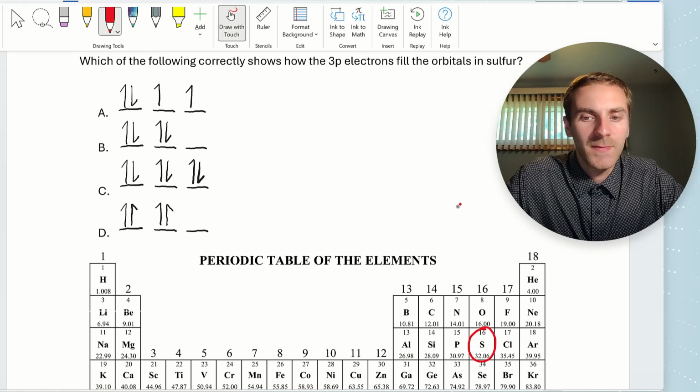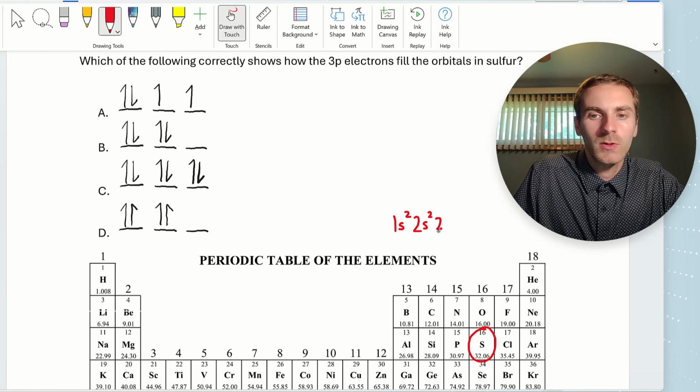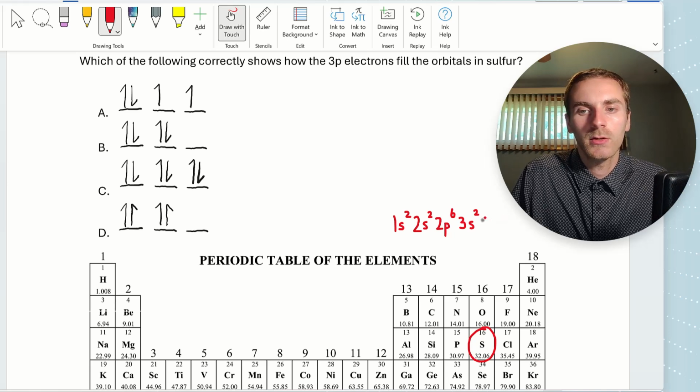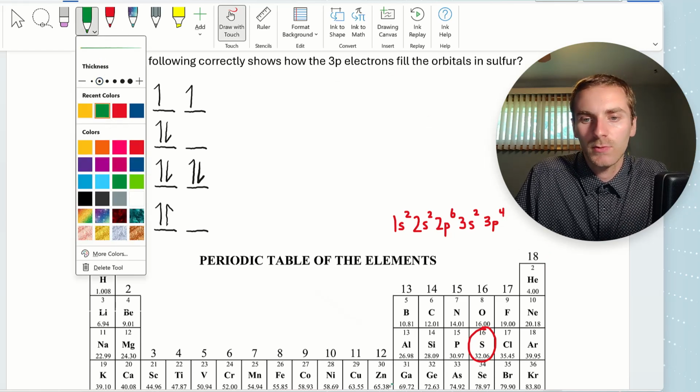Its electron configuration would be 1s2, 2s2, 2p6, 3s2, and 3p4. So this is the 3p section right here.